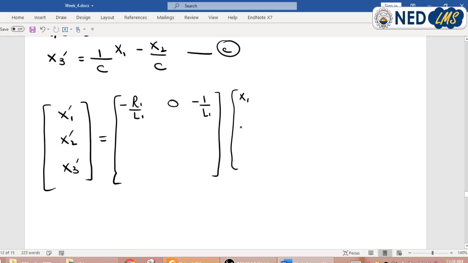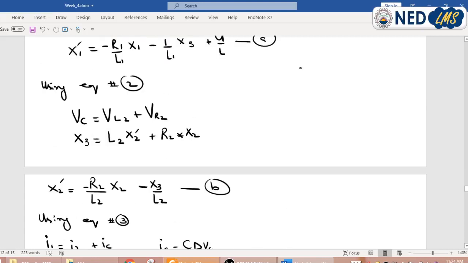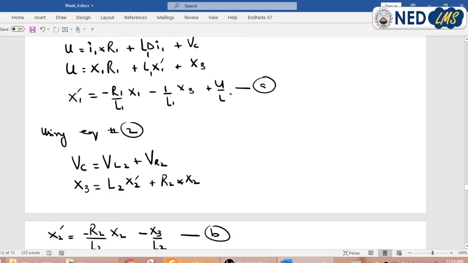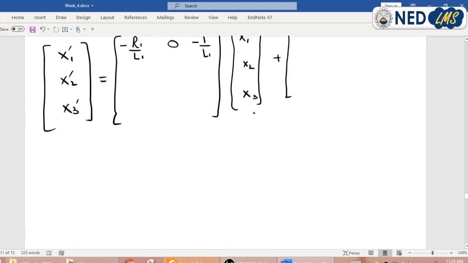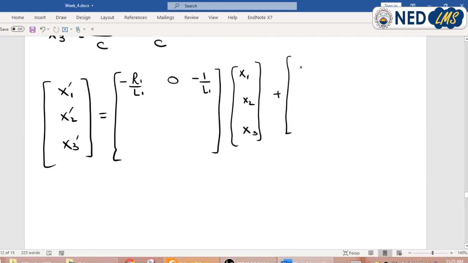This is x1, x2, x3, plus, here equation A depends on u as well. The coefficient is 1 over L1.